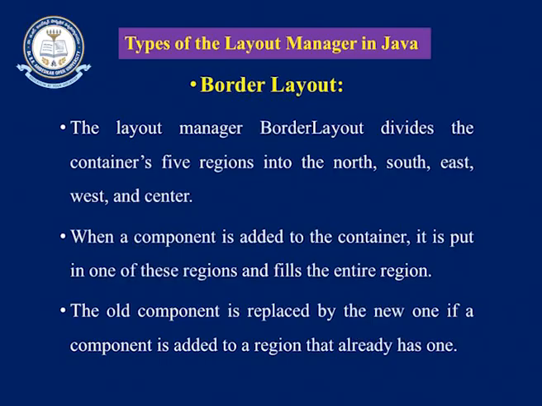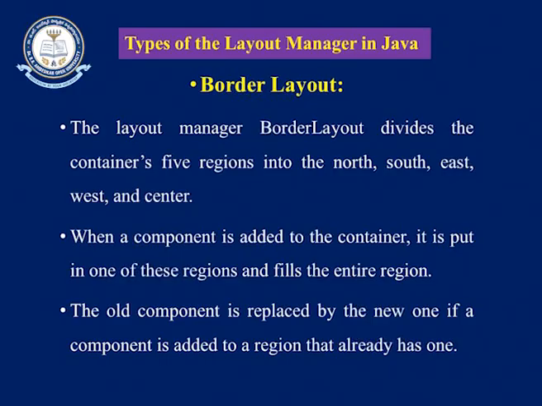Now, the layout manager, border layout, divides the container into 5 regions, nothing but the border layout divides that container into 5 parts, 5 regions: north, south, east, west and center. These are the 5 regions.